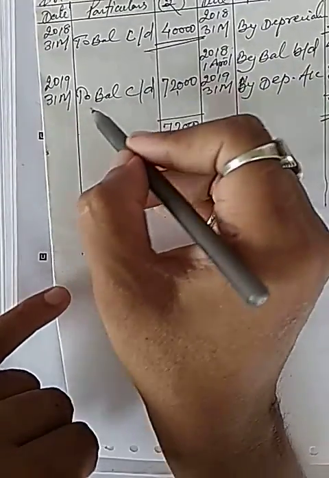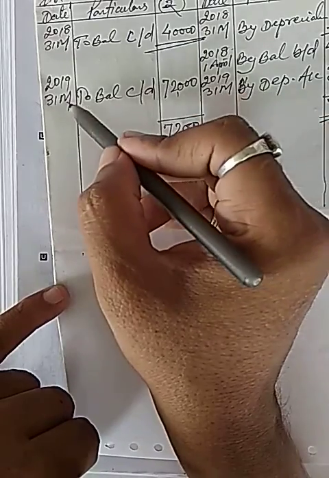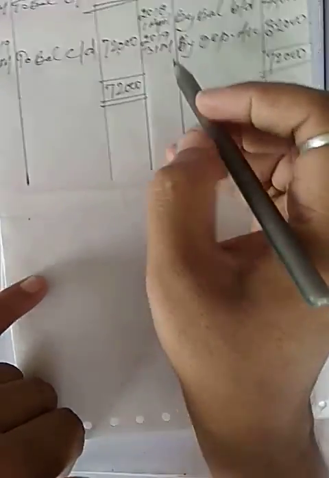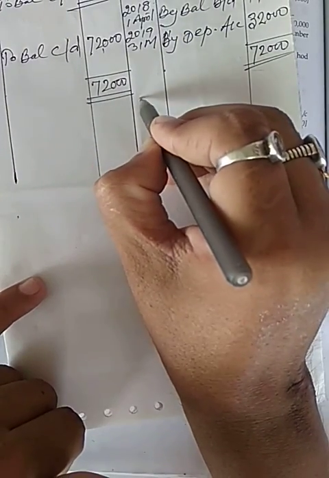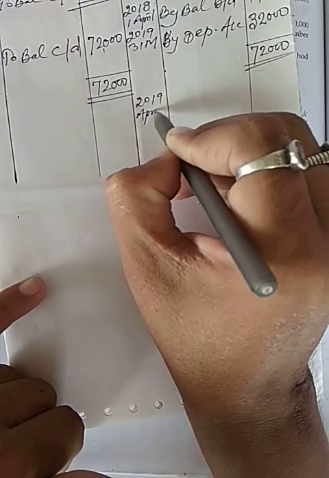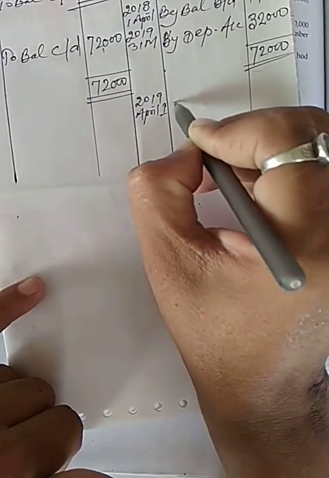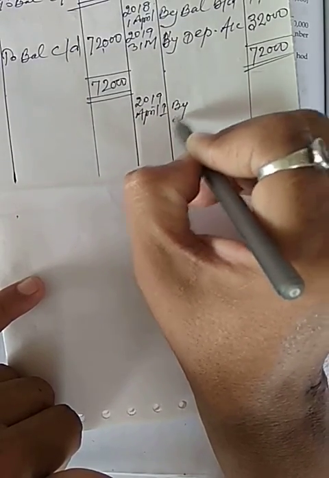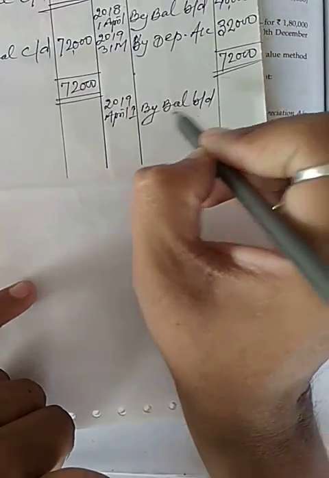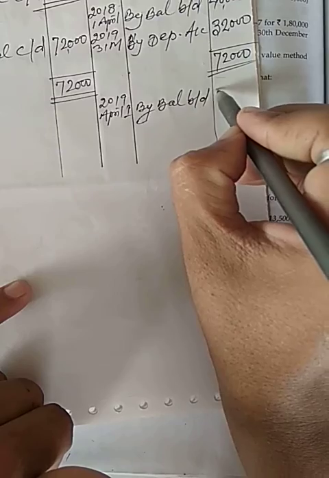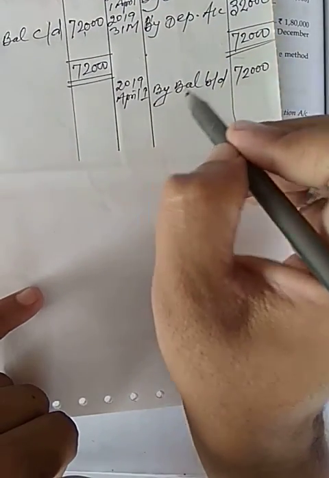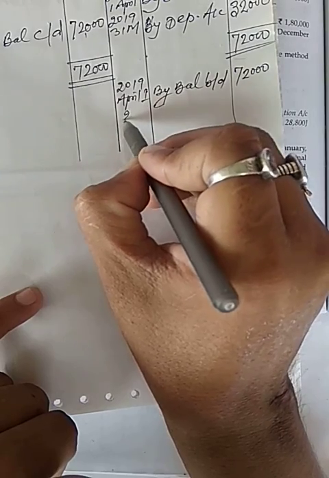Now I will transfer the balance CD to next year. So on 2019 April 1st by balance BD will be 72,000.